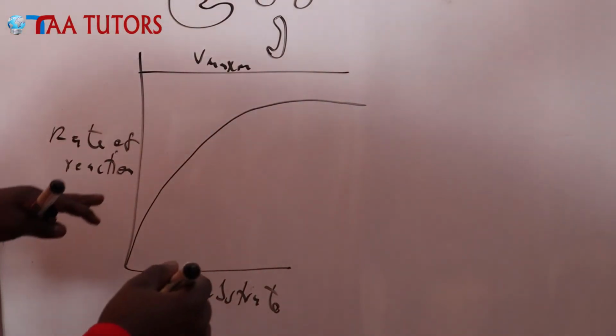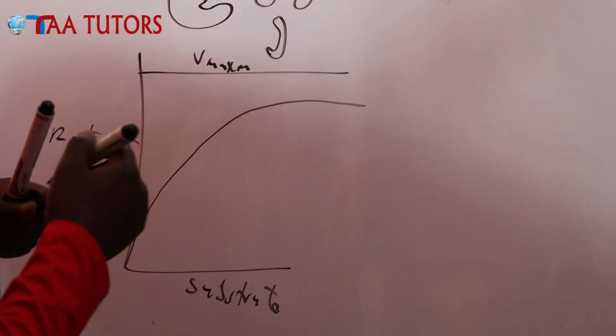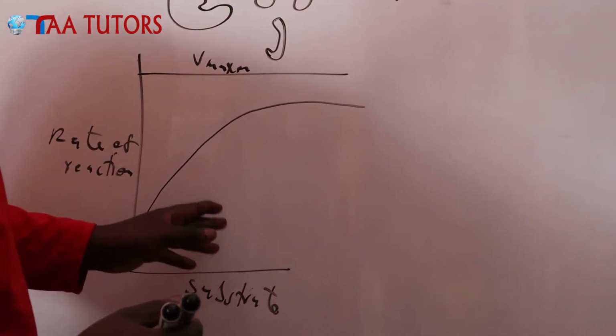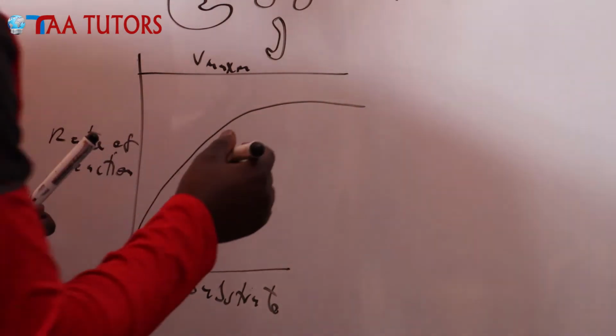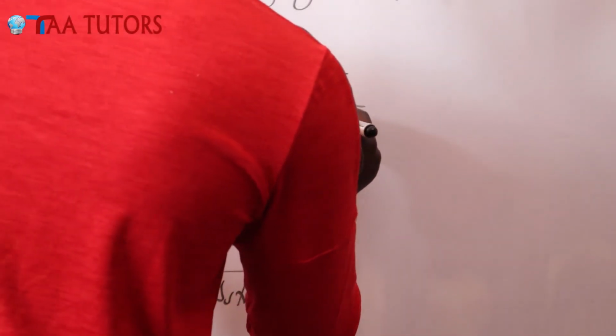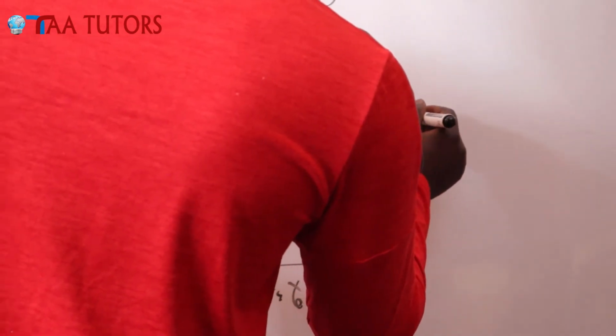If the substrates are coming in, the rate of reaction will rise very, very quickly until it is approaching the maximum point. So the shape will be like this.